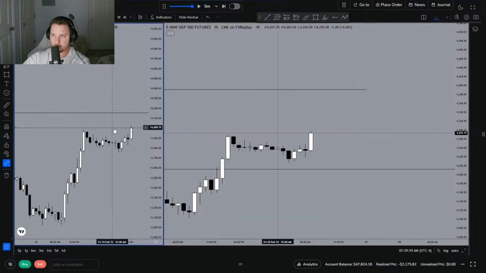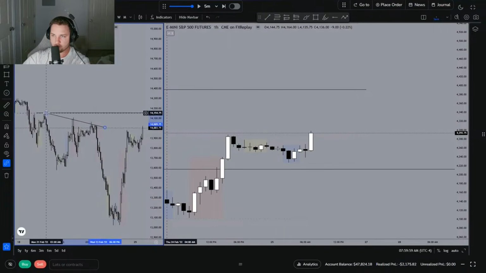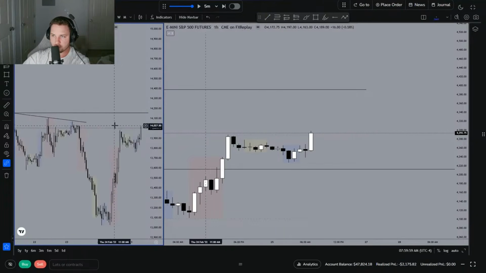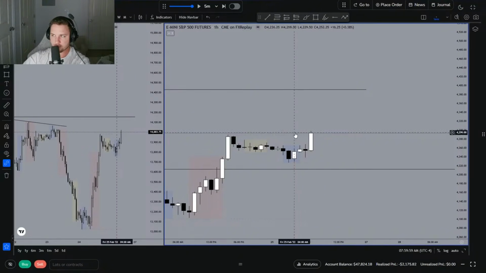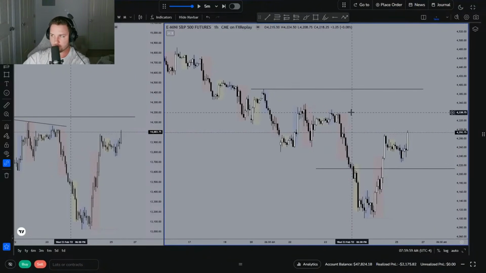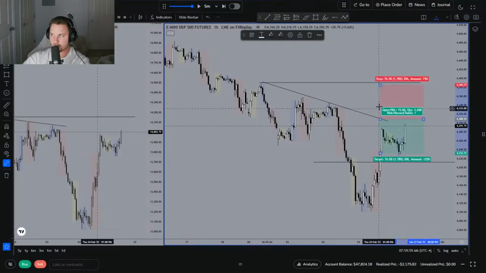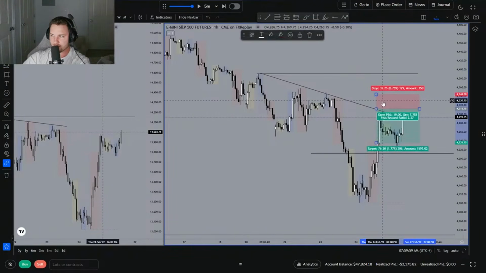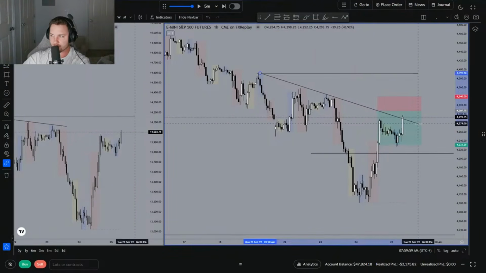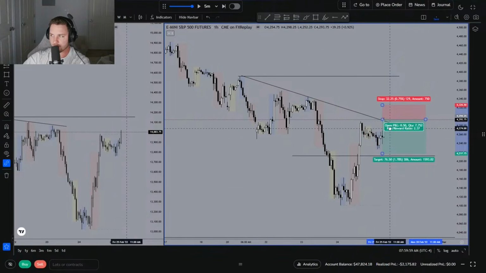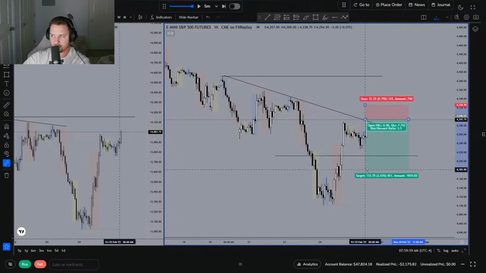If I go to the smaller time frame, these are all failure swings that price is going to want to trade into. And we don't trade away from those. It's really silly to do that. If you had a trend line, we're not going to do that or whatever. You just wouldn't do that.